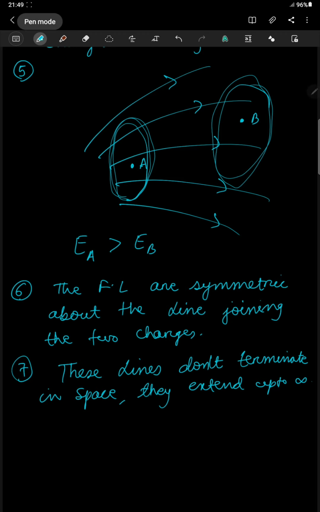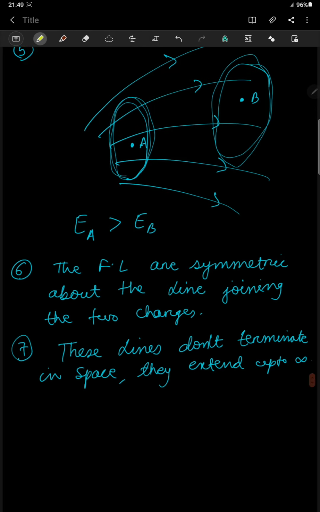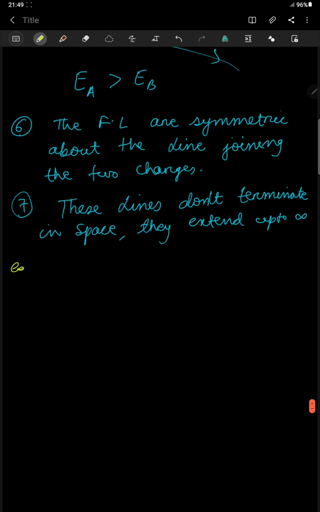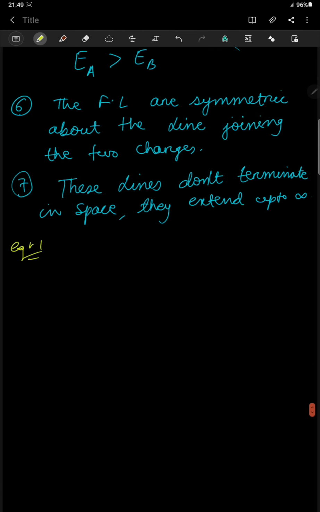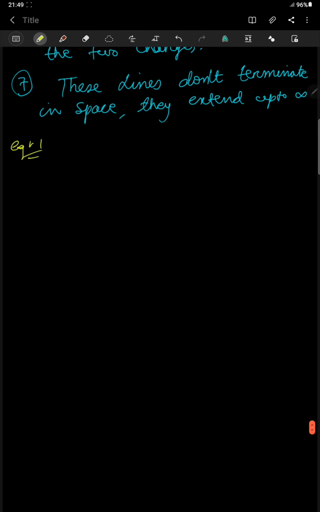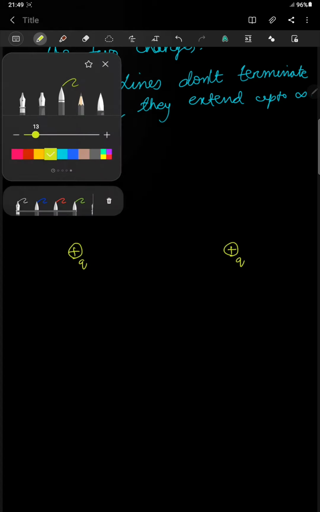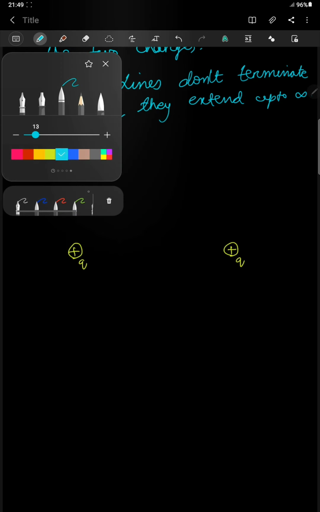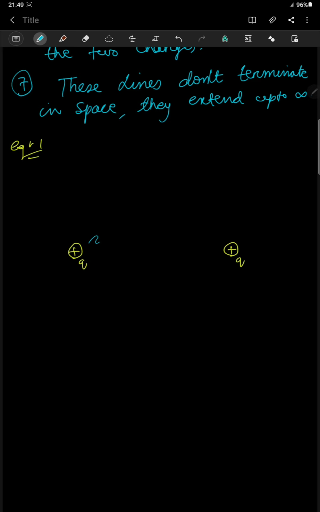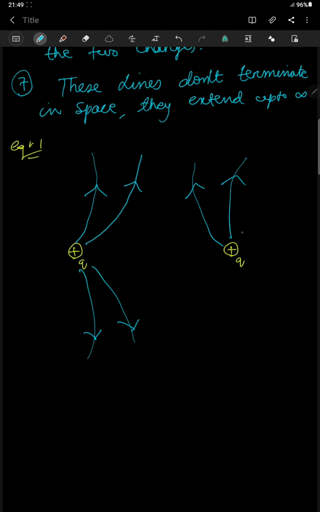Now let us do some problems which involve drawing the field lines for certain examples. Suppose you are given a plus q charge and here also a plus q charge. How will these electric field lines be? Let us draw them. It will be something like this, in this manner.